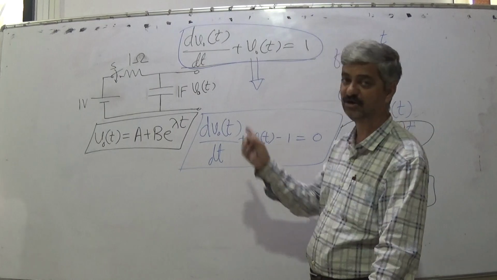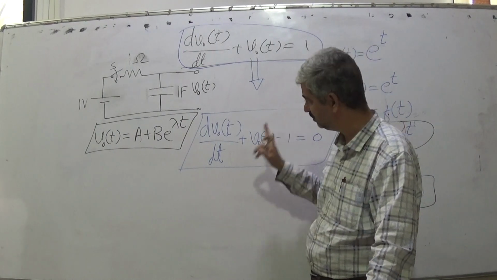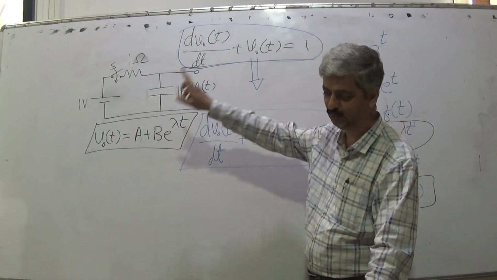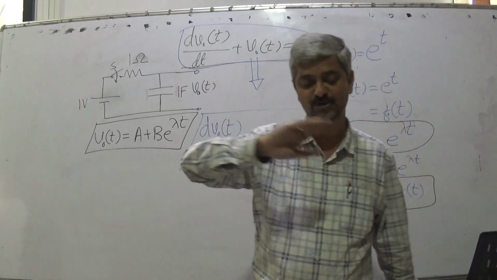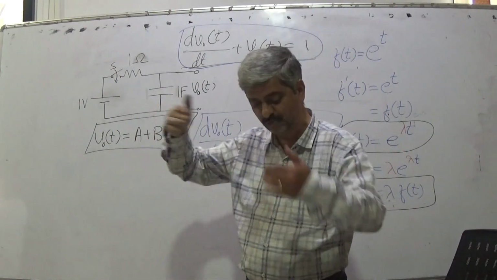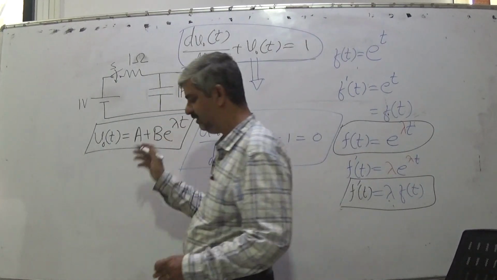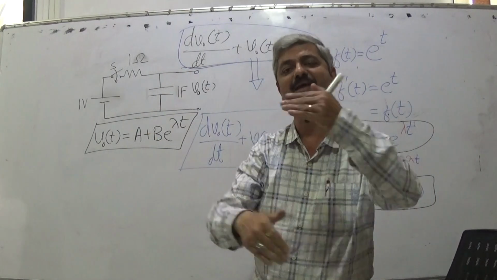Again, remember, this has multiple solutions, because the solutions will change depending upon what V0 was at t equal to 0. So, you may not be able to think on your own, but if you assume this, you believe in me, find out A, B and lambda, and then you can cross-check.